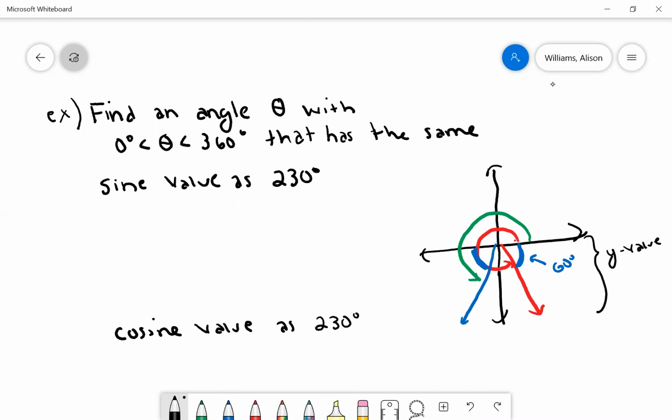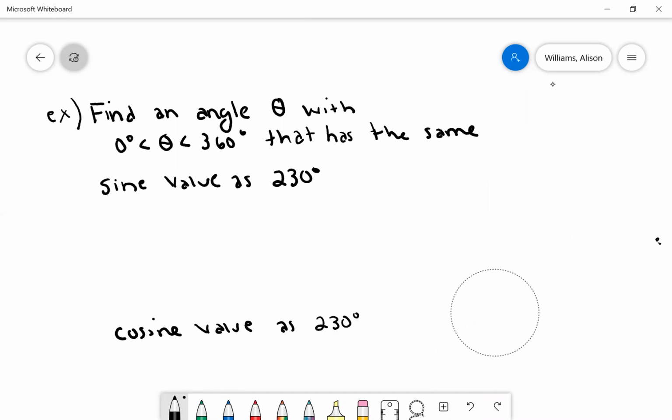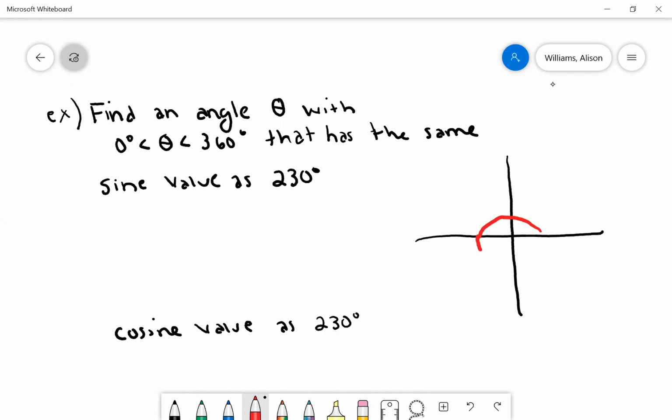Okay, so if we build on that idea, let's do this specific problem. 230 degrees. We're going to draw that out. We'll start from the x-axis. So 180 goes right here. 230 is going to land us somewhere in quadrant 3.